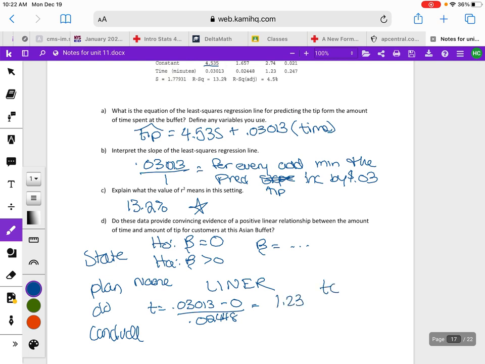We're going to do a tcdf on the calculator. If you look here, we're shading greater. So 1.23, shade greater. 1.23 is the lower bound. 10,000 is the upper bound. Your degrees of freedom, we had 12 tip times, so that would mean that would be 10.